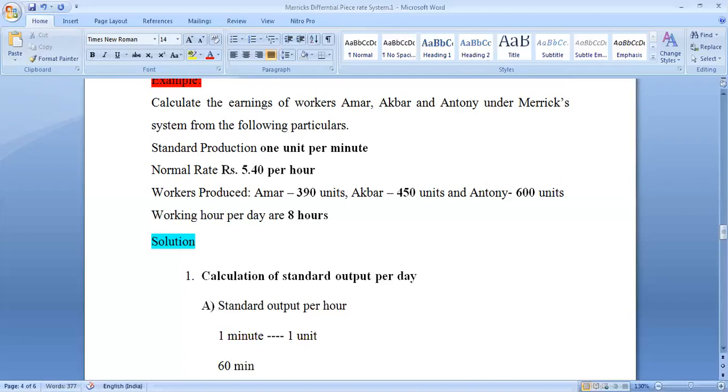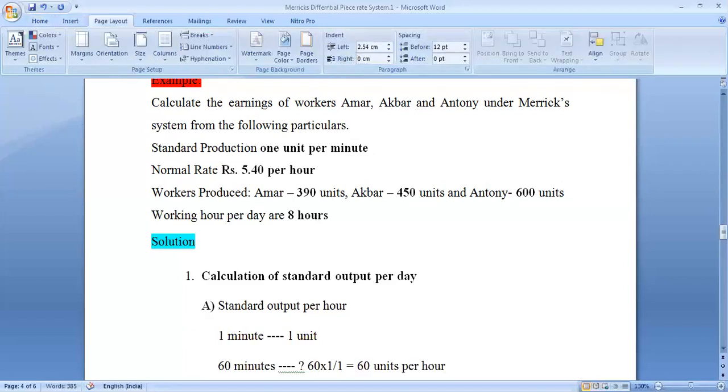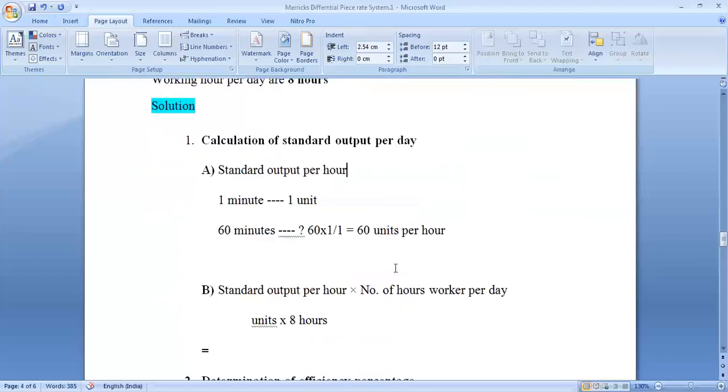So cross multiply: 60 into 1 divided by 1. That would be 60 units per hour. So the first stage is done.